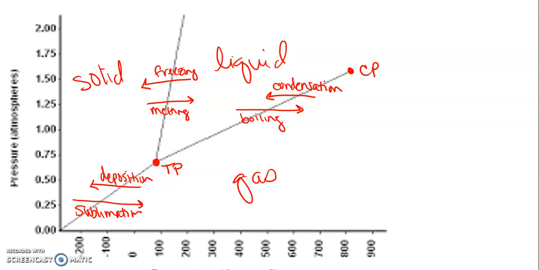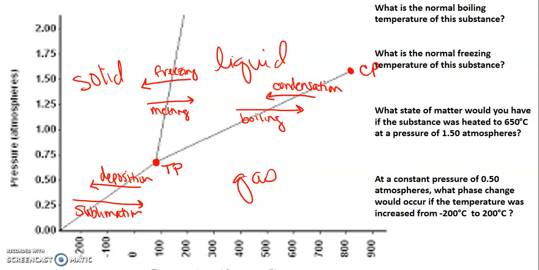So here are some questions that you could be asked relating to the phase diagram. So the first one says, what is the normal boiling temperature of this substance? So remember, normal means 1 atmosphere. So I'm going to go here on the y-axis and find 1 atmosphere. Boiling, I know, happens between a liquid and a gas, so that's going to be on our line in between liquid and gas.